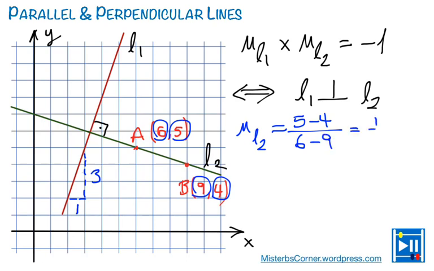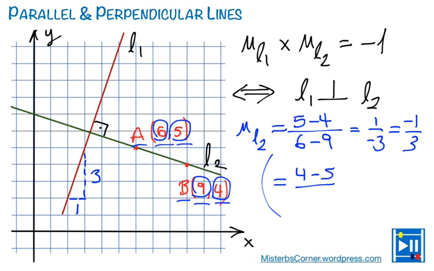So I'm going to end up with 1 over negative 3, which is negative 1 over 3. Or if I use the other way around, B and A, it's going to be 4 minus 5 over 9 minus 6, again ending up with minus 1 over 3.